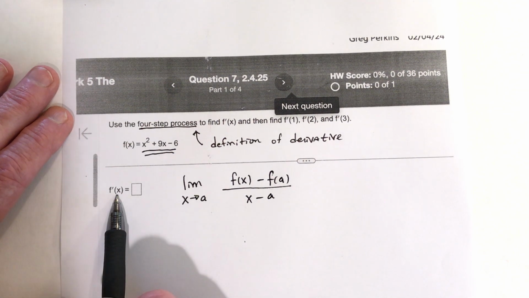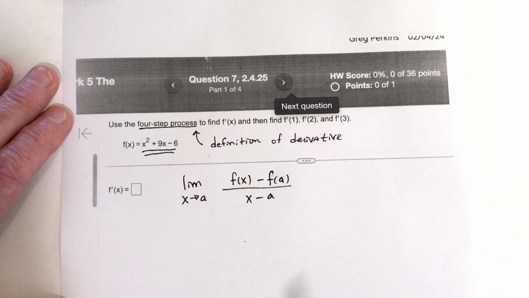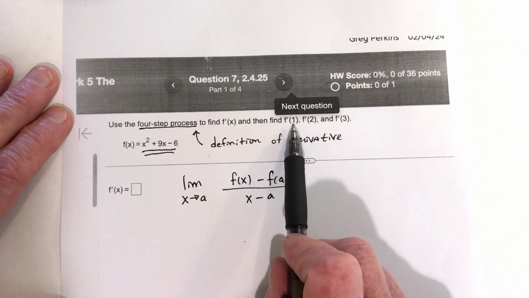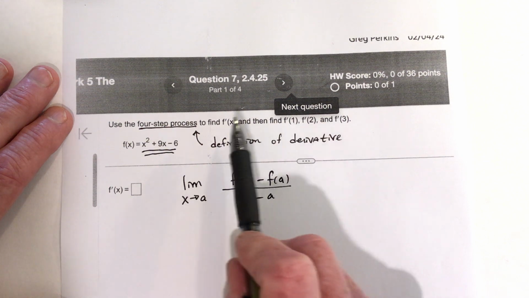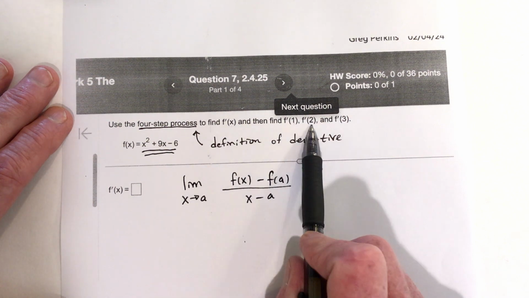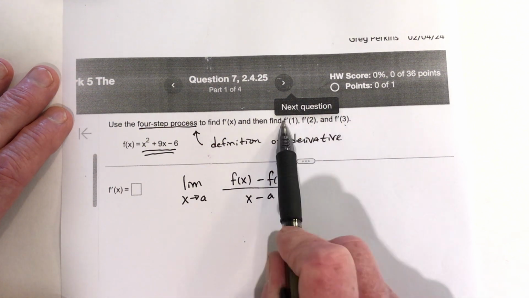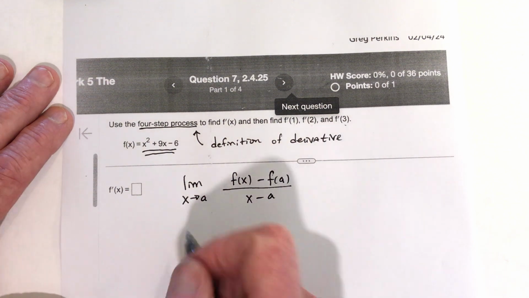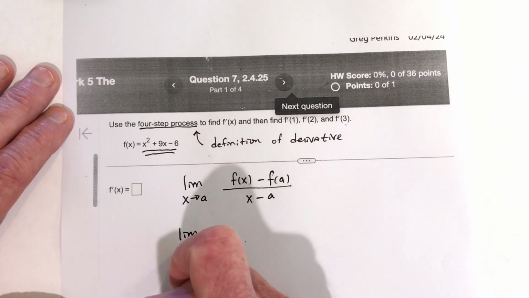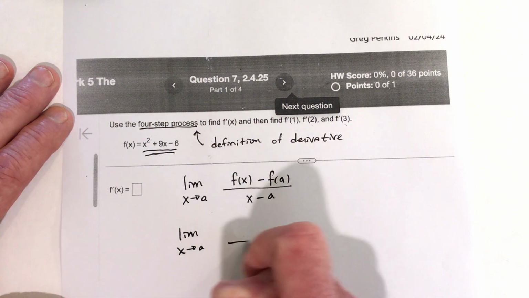And this one, it's saying that your variable is going to be x. So when we're done, our variable needs to be x. And then later, after we do the first one, later plug in x equals 1, x equals 2, but that goes later. So for this one, it's going to be the limit as x approaches a.